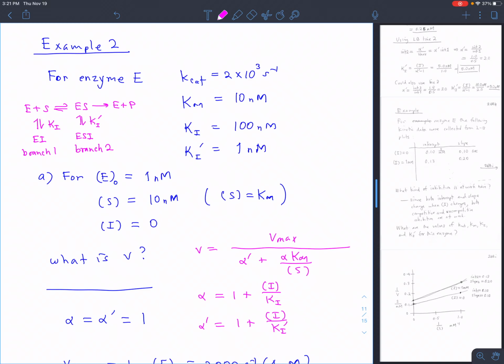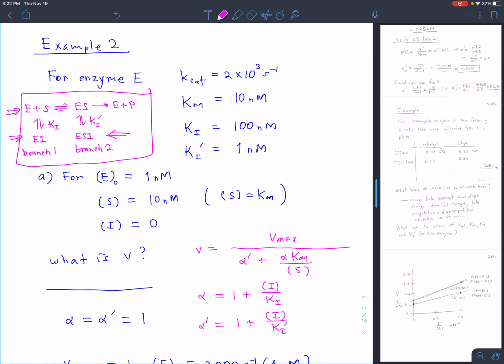All right, last time we were talking about enzyme inhibition in the context of this model, which is the Michaelis-Menten model, plus two extra branches, branch 1 and branch 2, that represent different kinds of inhibition of the enzyme.